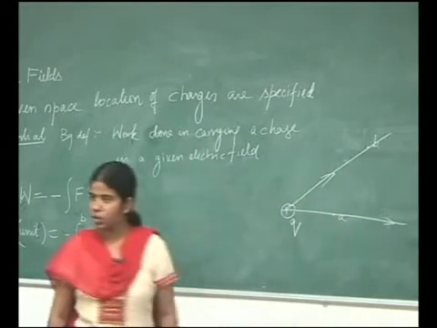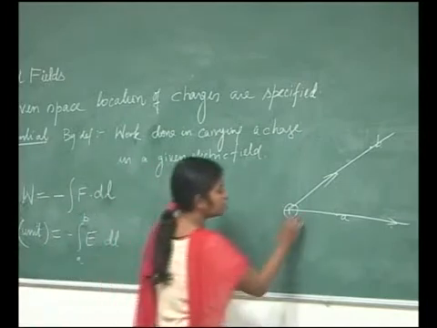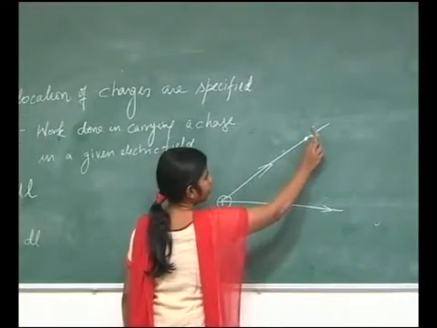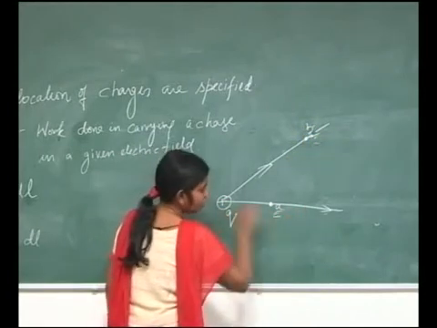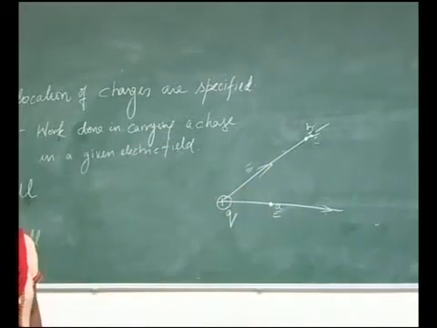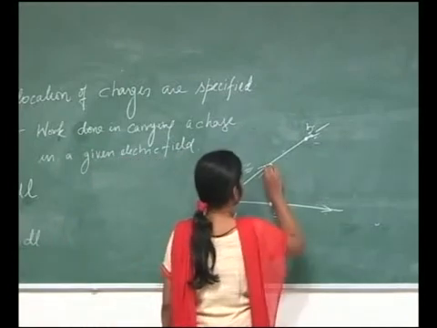Now I have to move this charge from point A to point B. This is point B. This is the direction of E here, and this is the direction of E there.